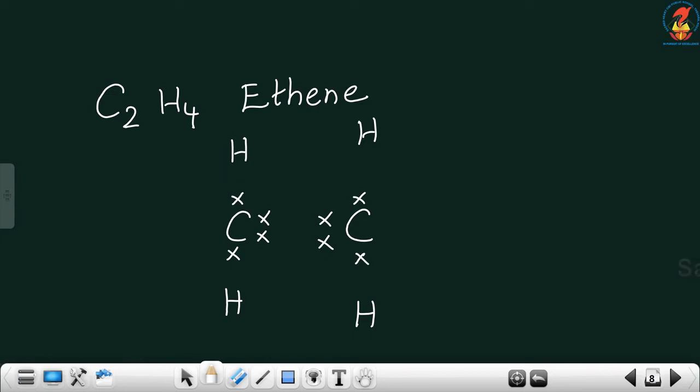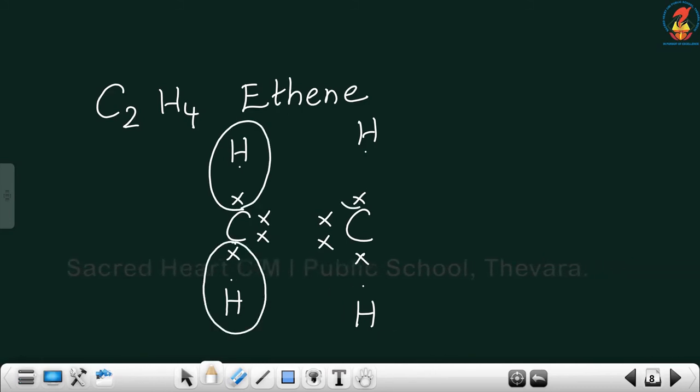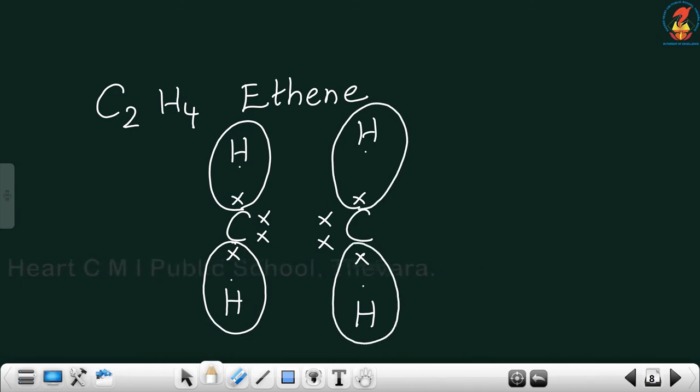Each hydrogen atom has 1 electron, so they are represented with a dot. Now make the number of electrons for each hydrogen 2 by sharing with carbons. So all the 4 hydrogen atoms now have 2 electrons each.